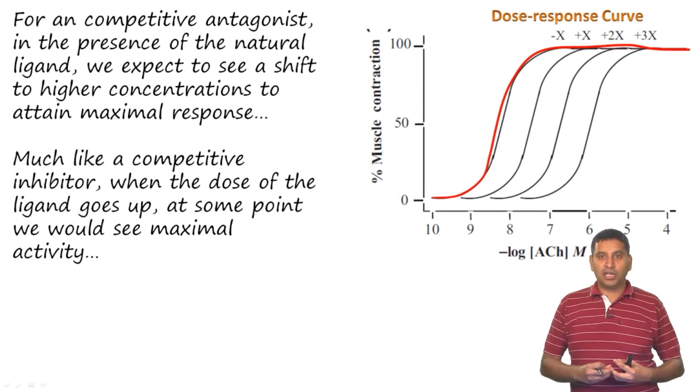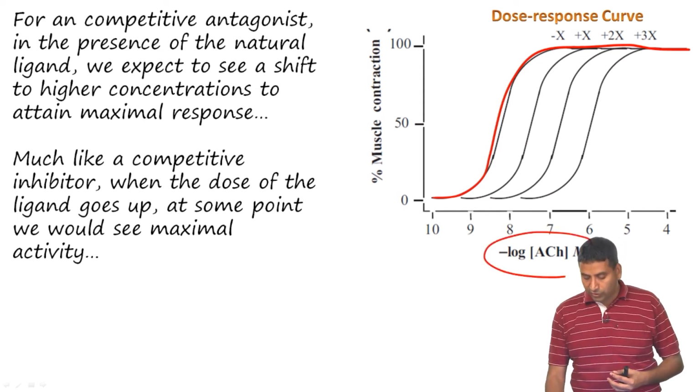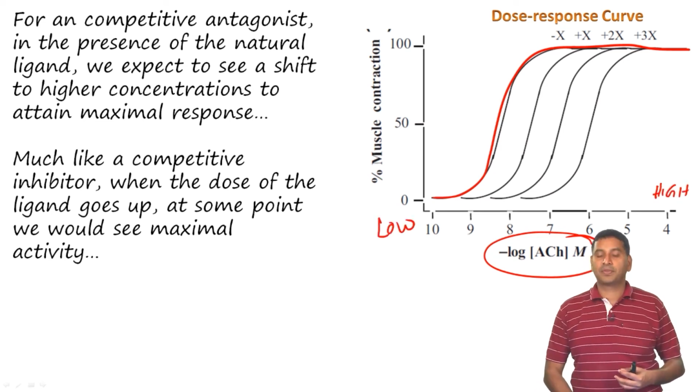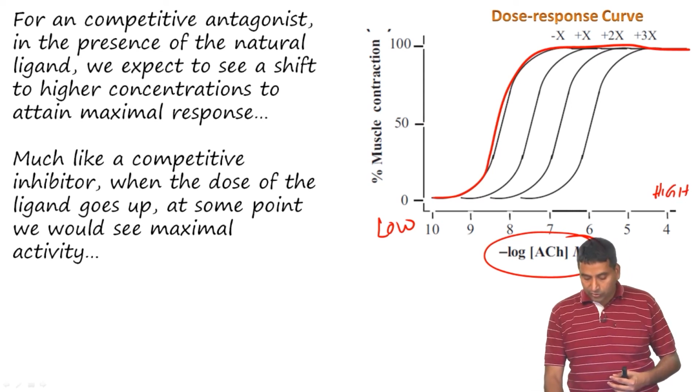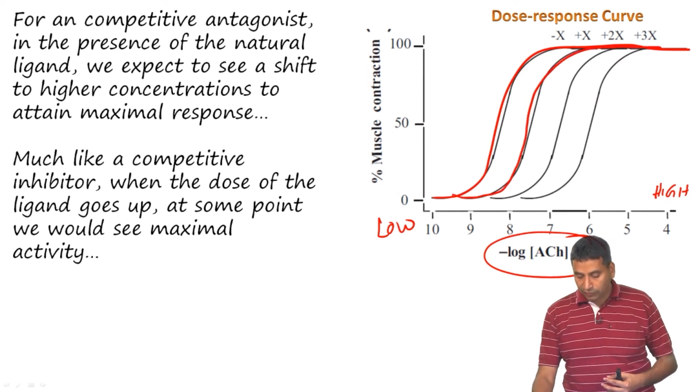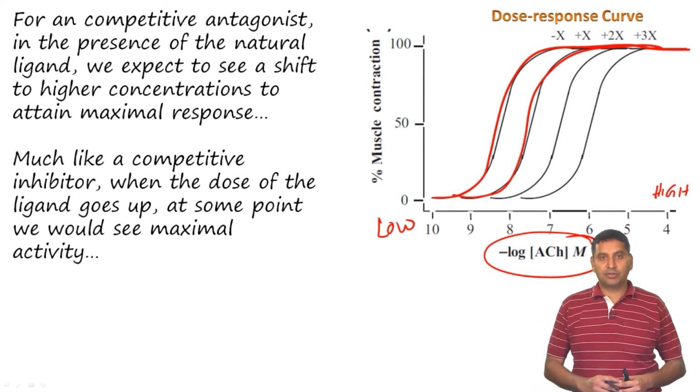Therefore, you would need a larger concentration of the natural ligand. Okay. Again, keep in mind, this is high concentration and this is low concentration. You would need a larger concentration of the natural ligand, which is acetylcholine, to see a response, and therefore, you would see a curve like this.